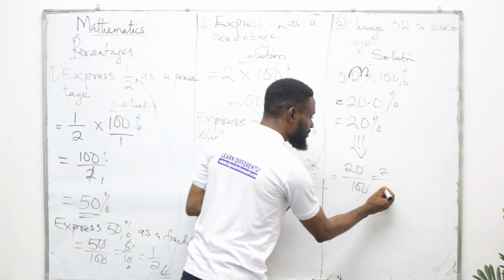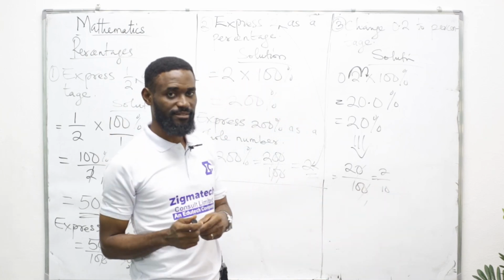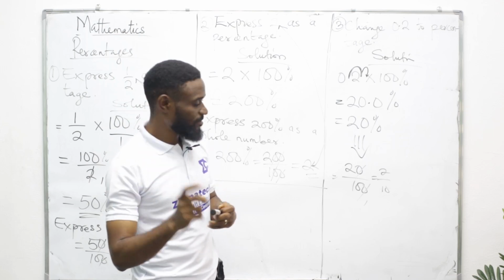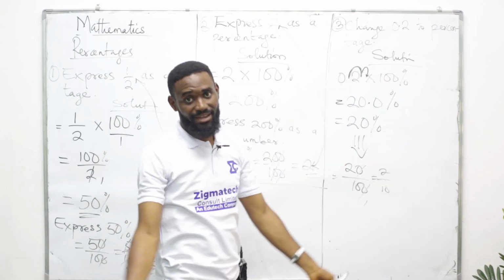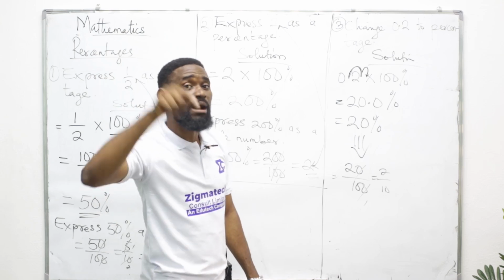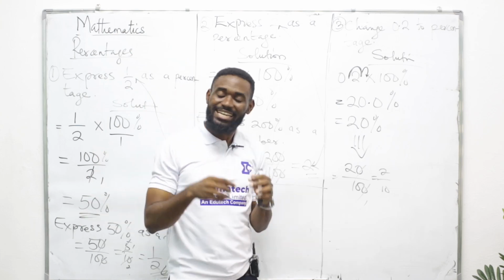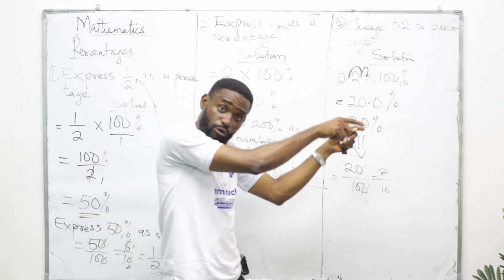Now, remember, I said to you, all whole numbers have an invisible decimal point at the end. Okay? They have an invisible decimal point after them.